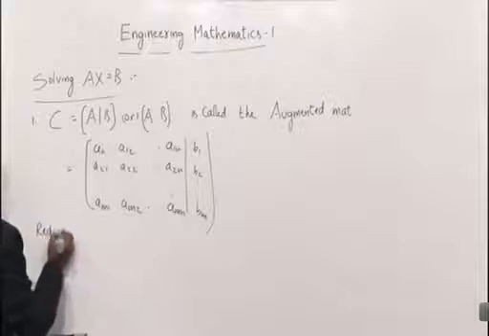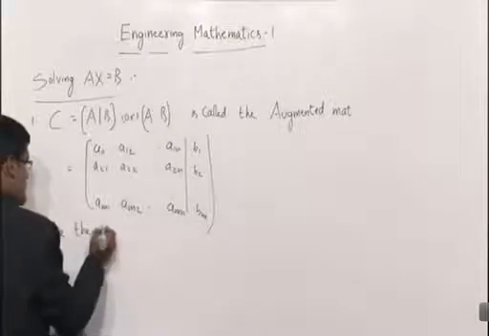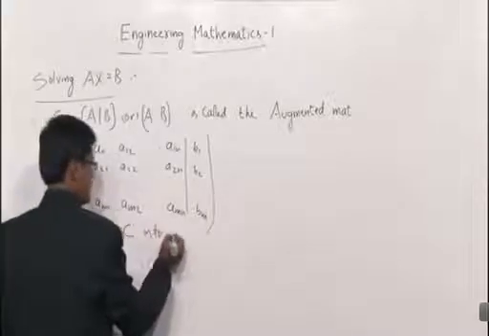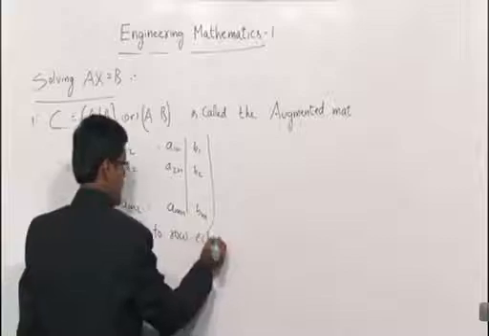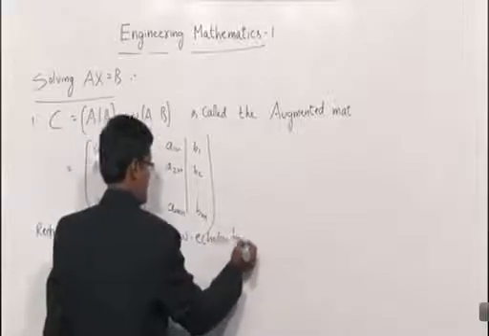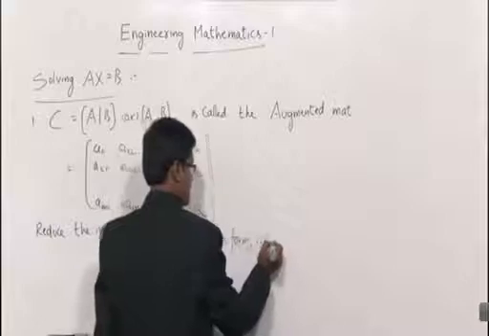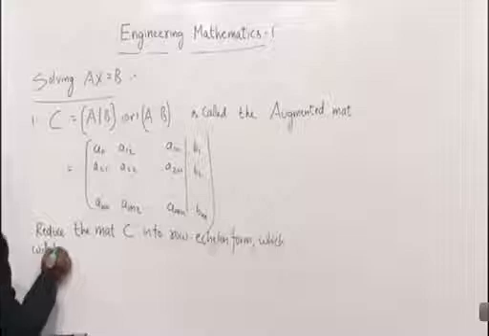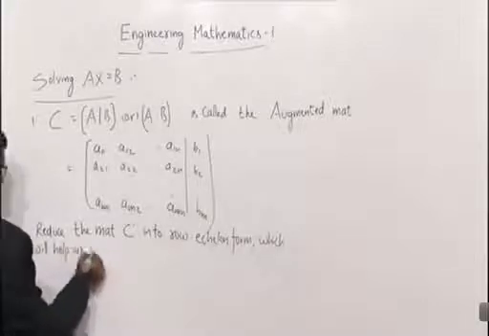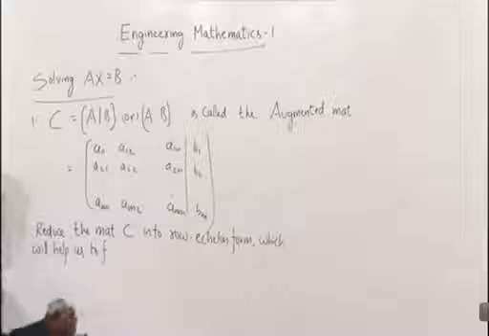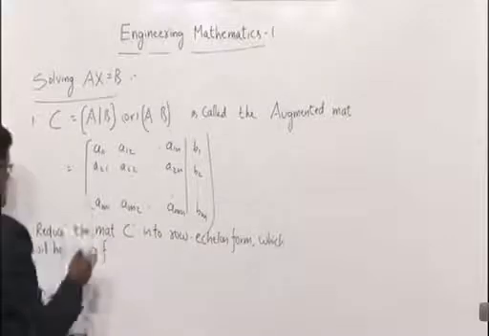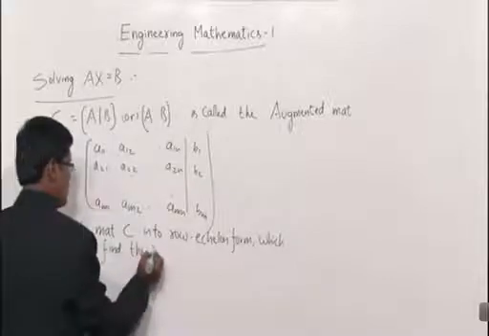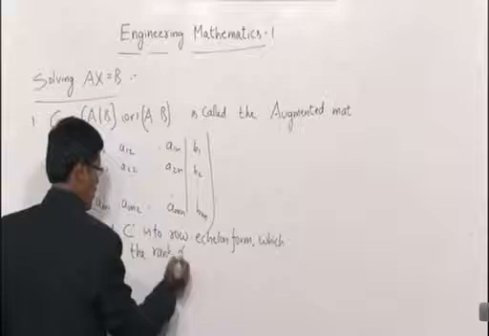Reduce the matrix C into row echelon form, which will help us. Okay, first let me complete all the steps, then I will come back again one by one step to explain. Okay, it will help us to find the rank of A.